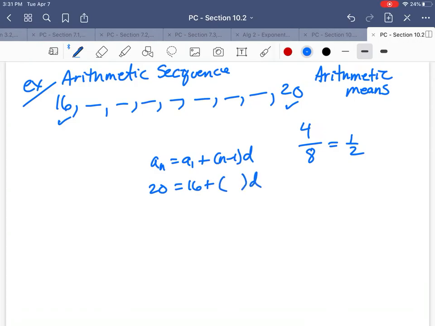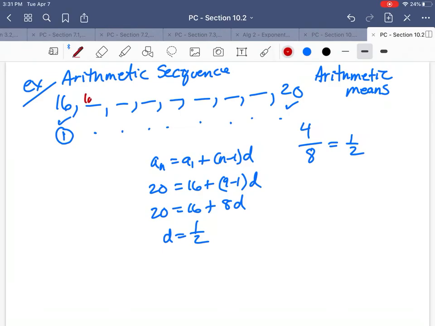I don't know d, but for the n minus 1, I can say to myself, well, if this is the first term, this is 2, 3, 4, 5, 6, 7, 8, 9. This is the ninth term, so 9 minus 1. So I can figure out what d is from here. It'd be 20 equals 16 plus 8d. If you solve that, you get d equals 1/2. So you could do it that way. Either way, you can know that you're going up by a half.